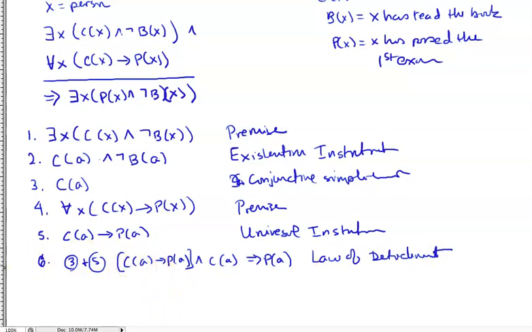Now, going back to number 2, this is an AND, a conjunction, and I'm going to separate the not Ba, and this is again by conjunctive simplification.